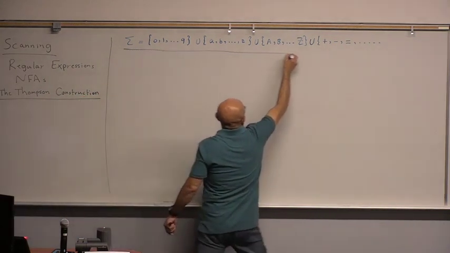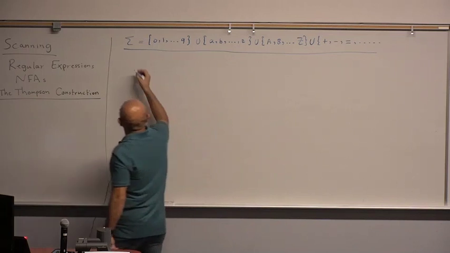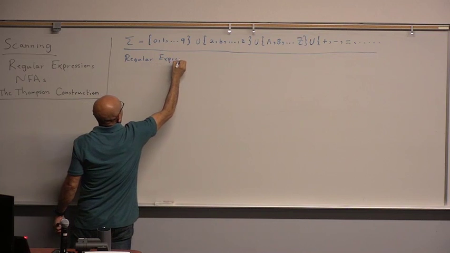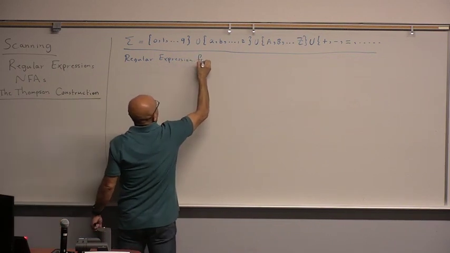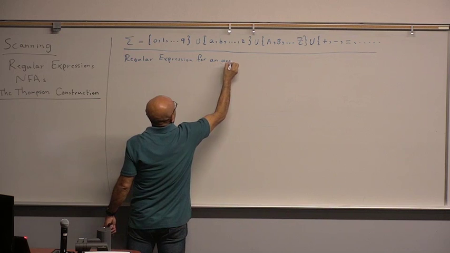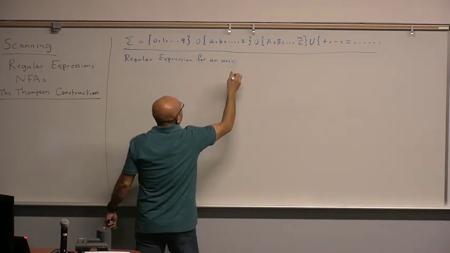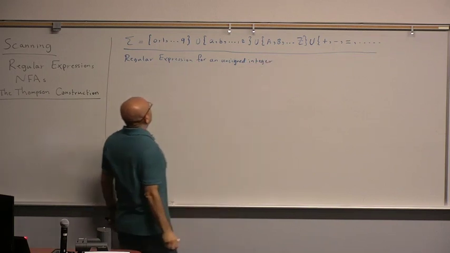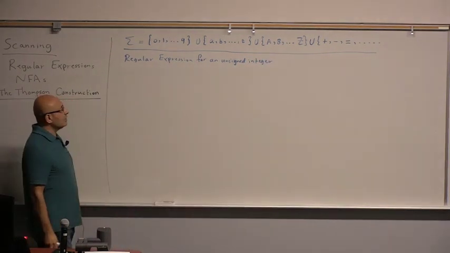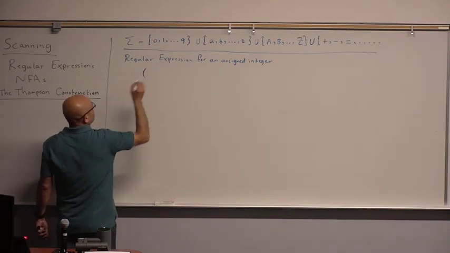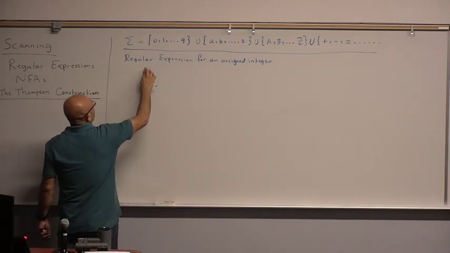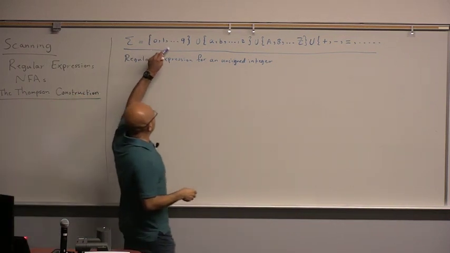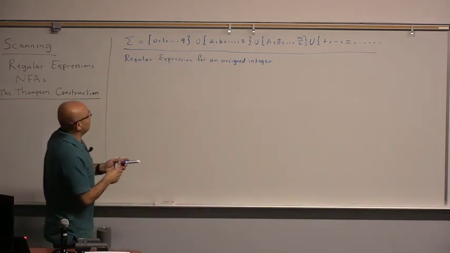This is our sigma. Now, given this sigma, we need a regular expression for an unsigned integer. And the first attempt may be something like this. By the way, we will use a shorthand for numbers and alphabetic characters.